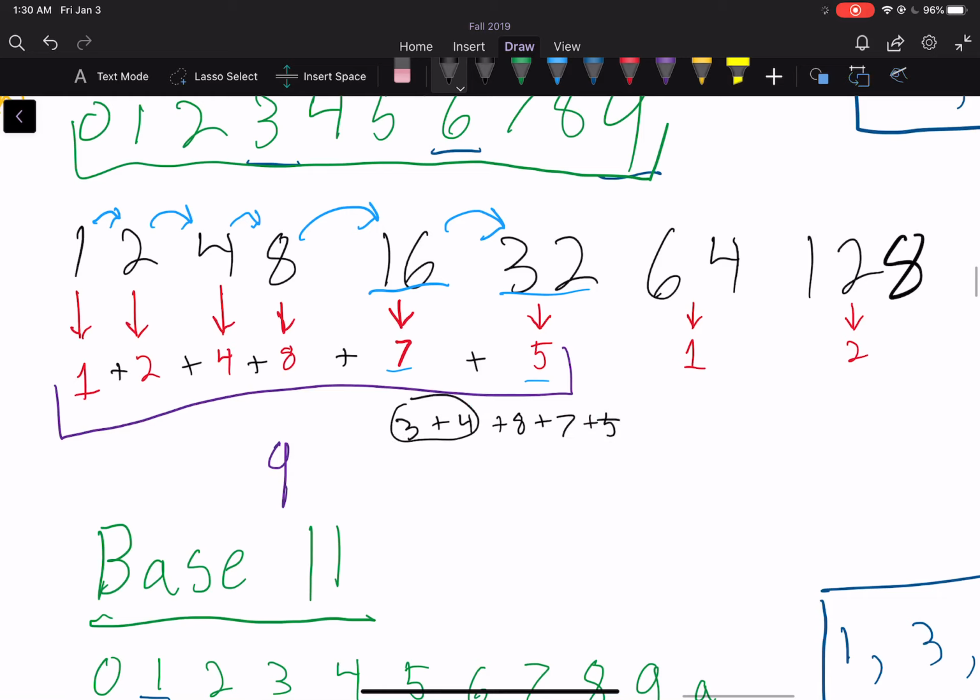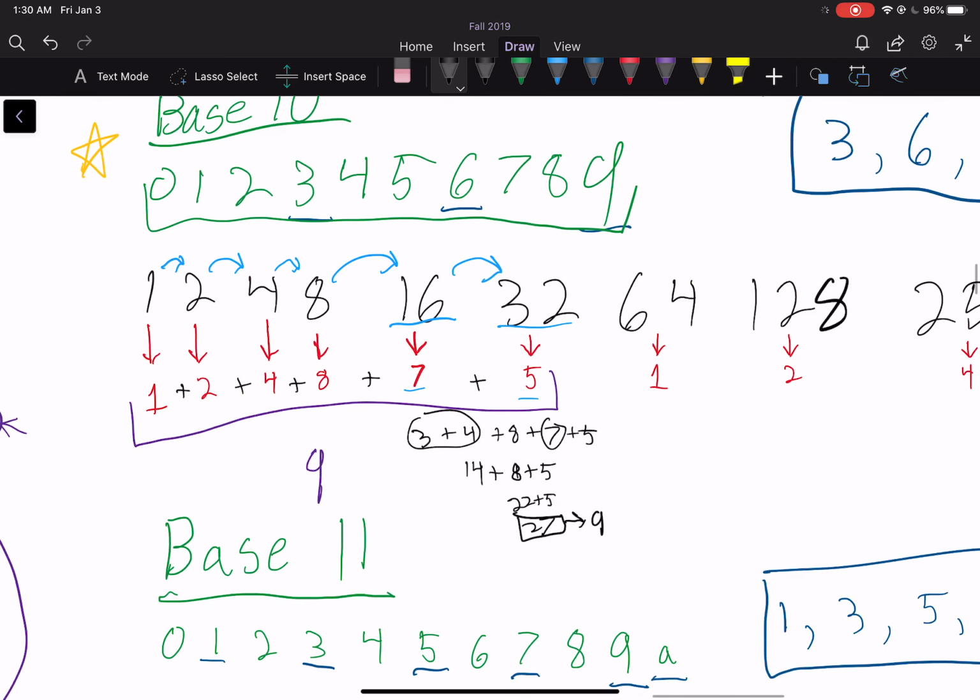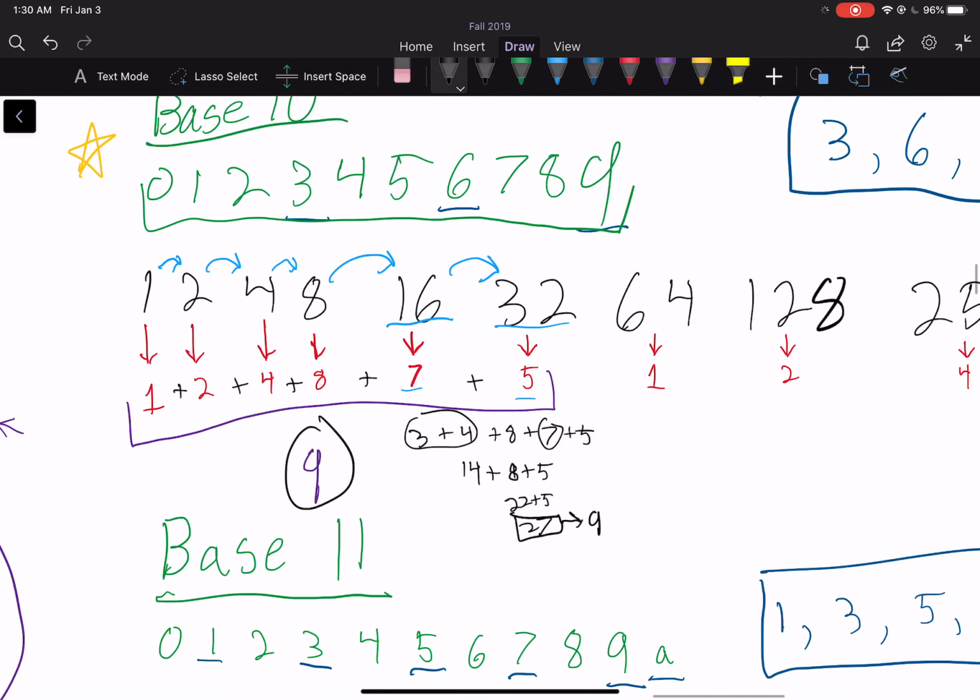So this is 7 right here. So we'll add those. 14 plus 8 plus 5, 22 plus 5, 27. And then again, we have a 2-digit number, so we got to make that a 1-digit number with some more digit sum shenanigans, and we get 9. So that's where this guy comes from.